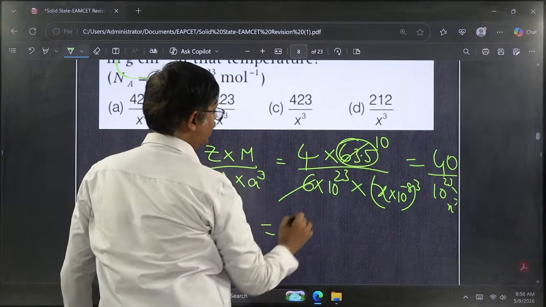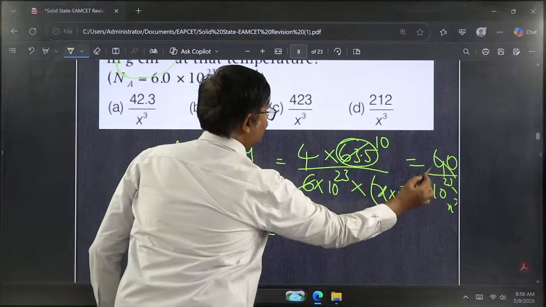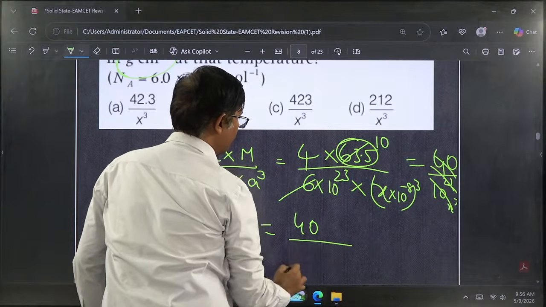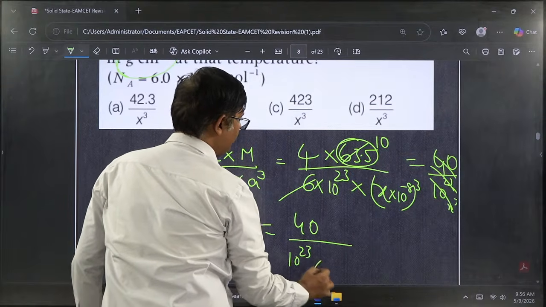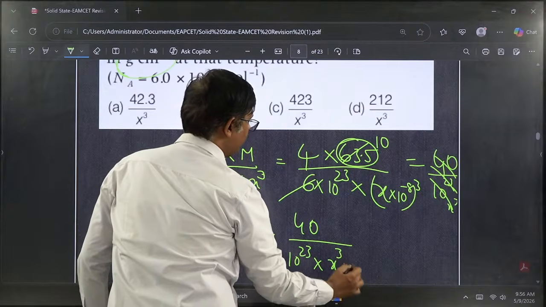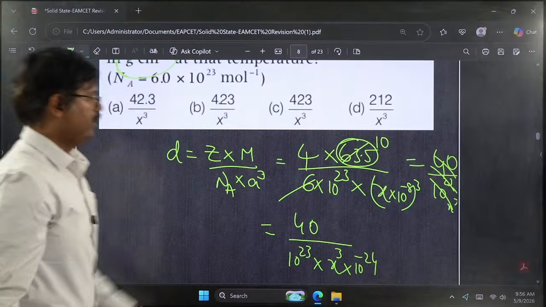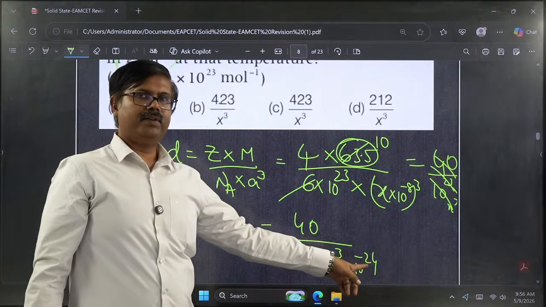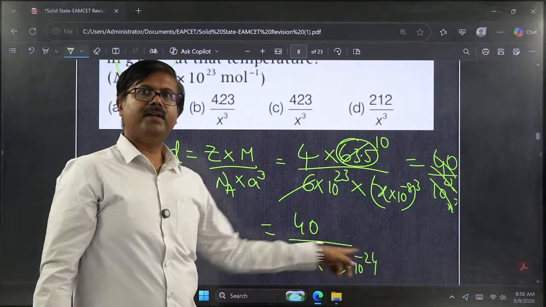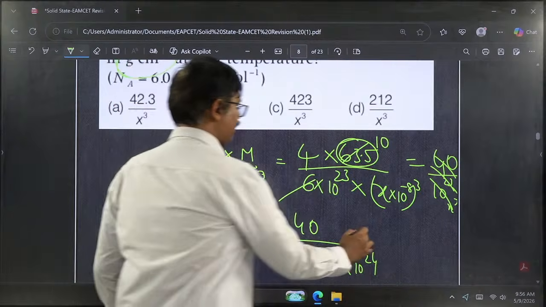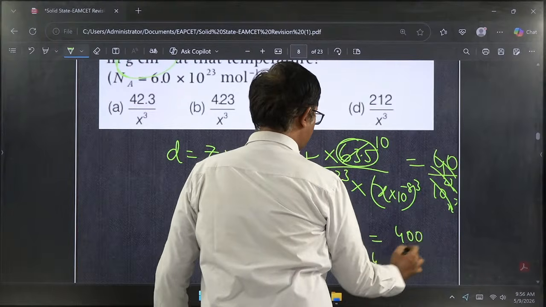This is already 10 times, so 40 divided by 10 power 23 into X cube into 10 power minus 24. 10 power 23 times 10 power minus 24 is 10 power minus 1. If you take 10 power minus 1 to the numerator, 10, so 400 by X cube.